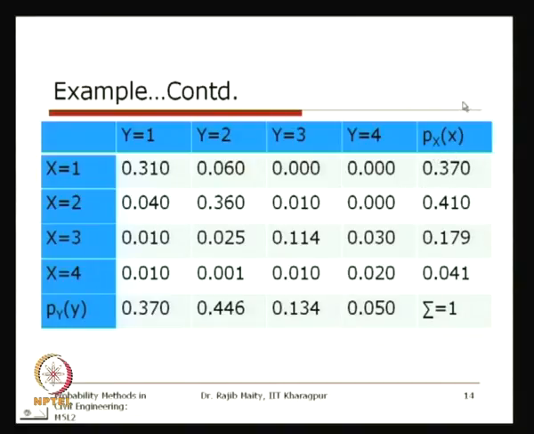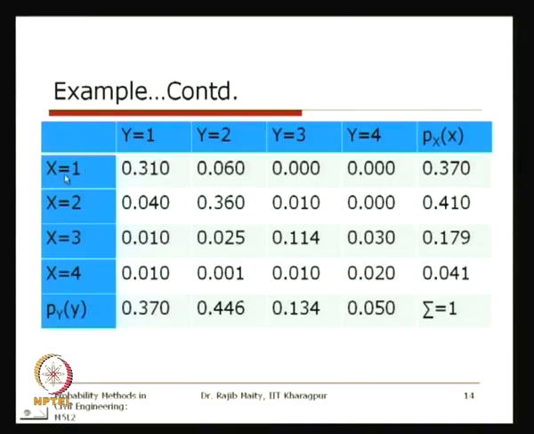This last column that you see is the marginal distribution of x. When we talk about the marginal distribution of x, we are asking what is the probability that x equals 1, which is also asked in the problem. That means irrespective of the value of y.